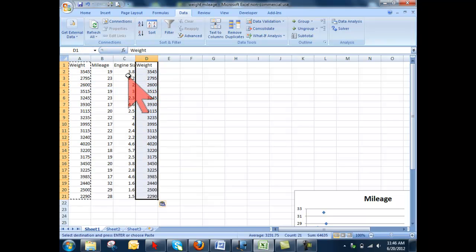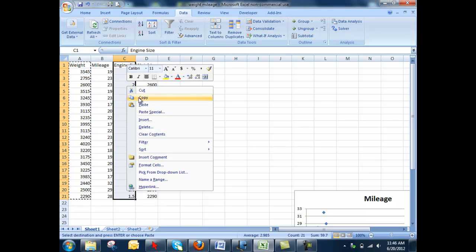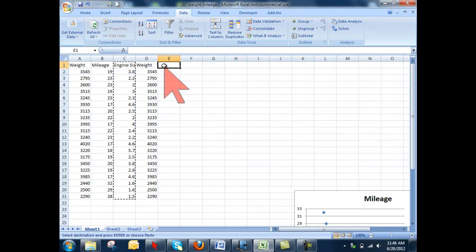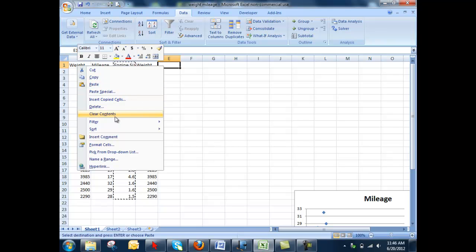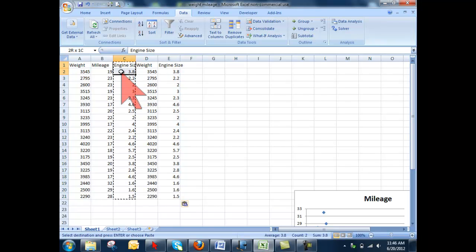Okay, I need the weights and the engine sizes right side by side. And to match what I'm going to be demonstrating, I actually want the engine size to the right of weight. So I'll copy it over here. If you think ahead, you don't have to do all of this maneuvering around.